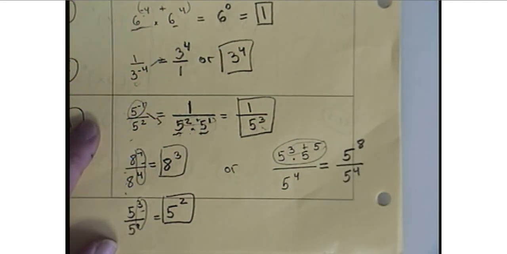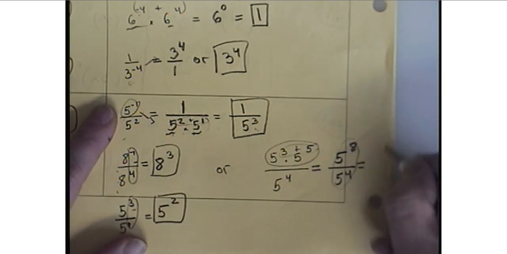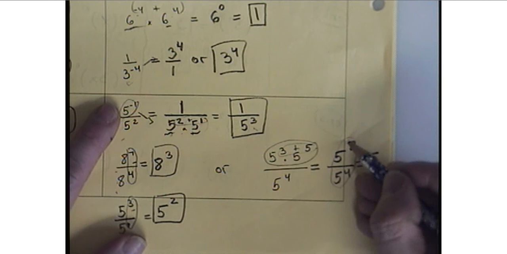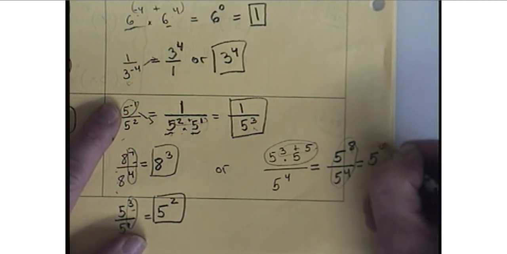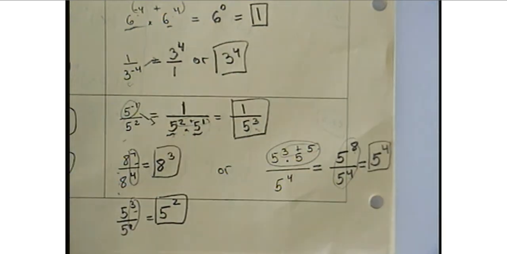We need to do one more step to simplify that. So we have division of two powers with the same base. So I'm going to write the base 5, and then we subtract the exponents. So 8 minus 4 will give me 4, and that will be the ending answer.